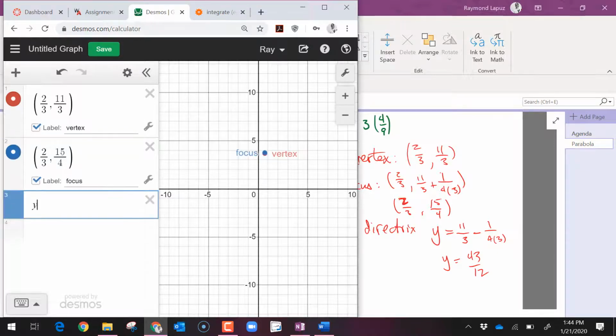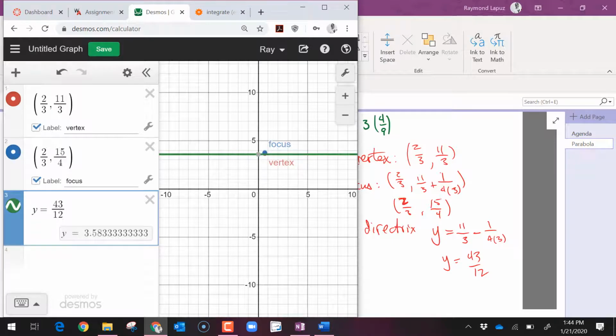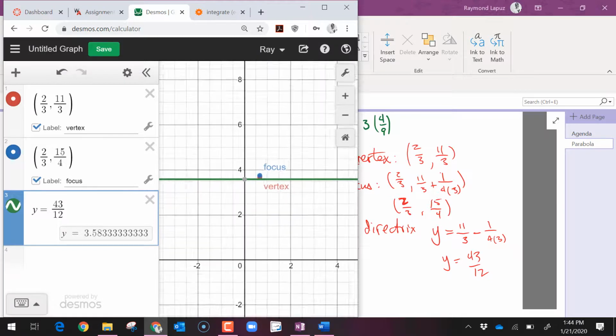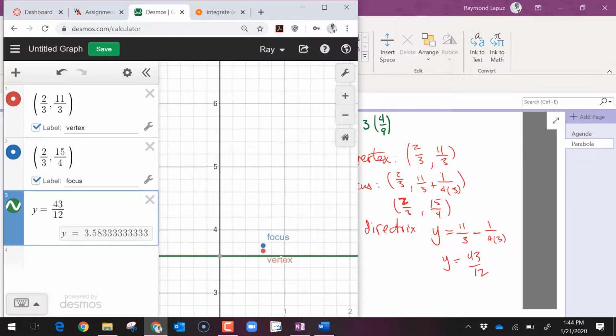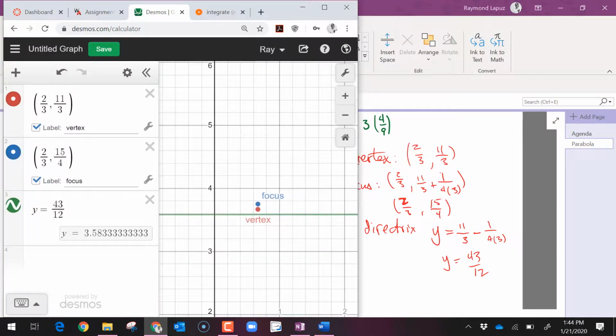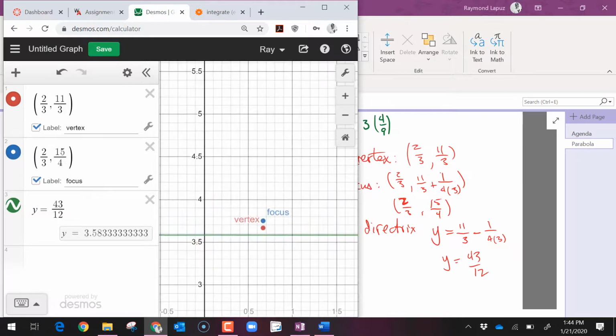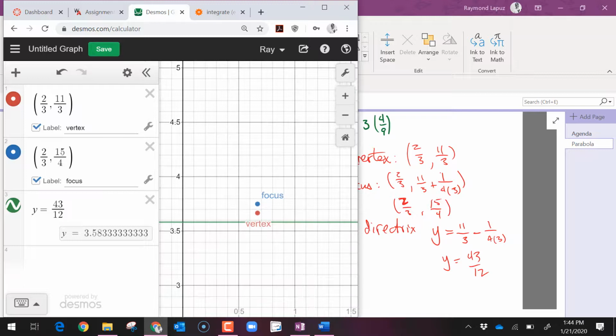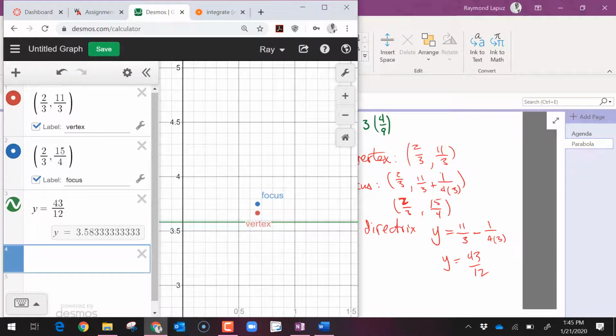Let's plot the directrix. Oh, it's really close. Good thing we're not doing this by hand. So we got the vertex, the focus, and then let's finally draw the graph.